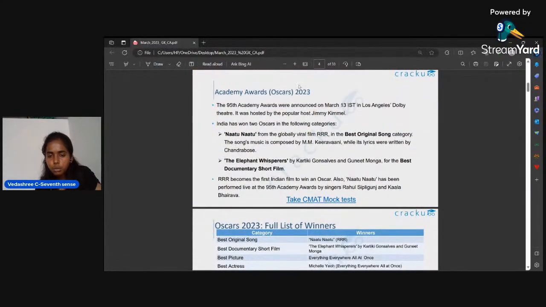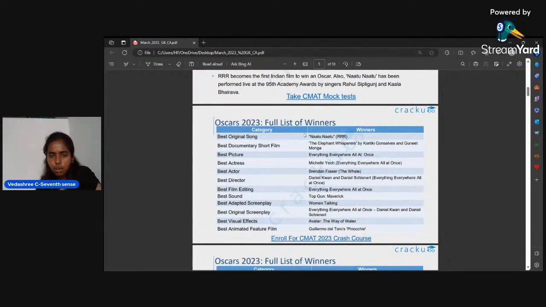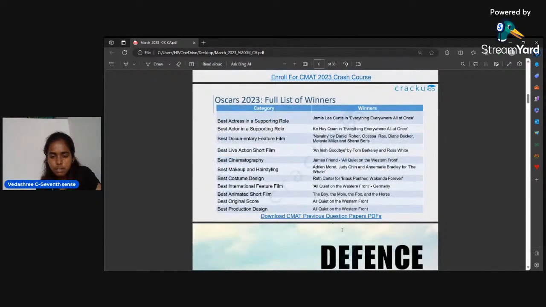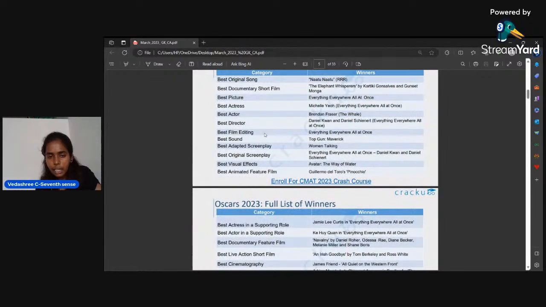This is related to the Oscar awards, the Academy Awards. The 2023 full list of winners. I don't know whether this type of question will be asked or not. I don't have any idea.